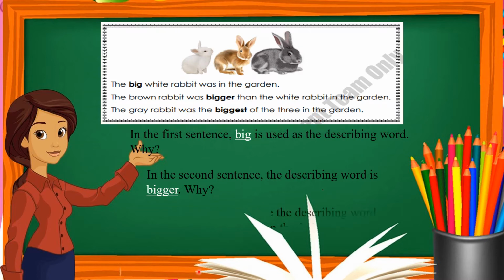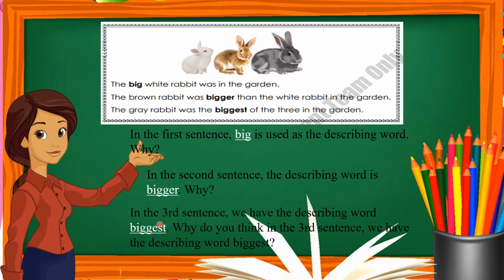Okay, next one. Here, in the third sentence, we have the describing word biggest. Look at this one, biggest. Why do you think in the third sentence we have the describing word biggest? Okay, what do you think? The gray rabbit was the biggest of the 3 in the garden.